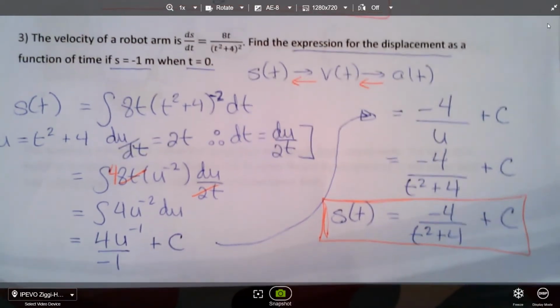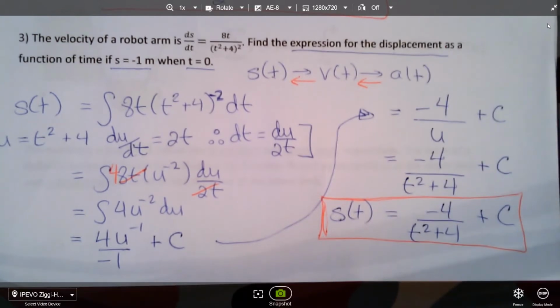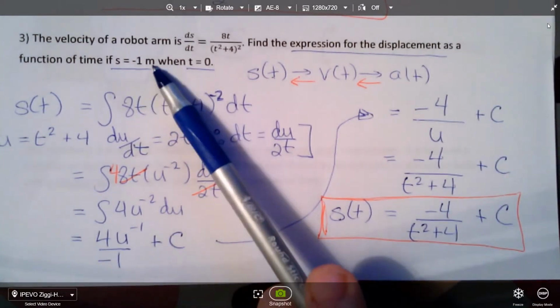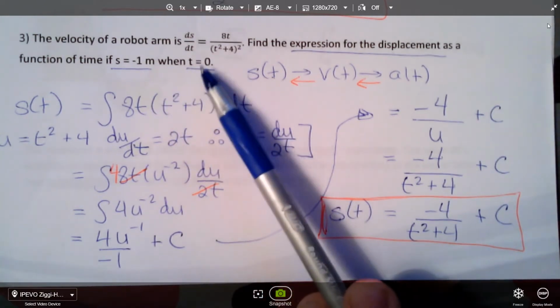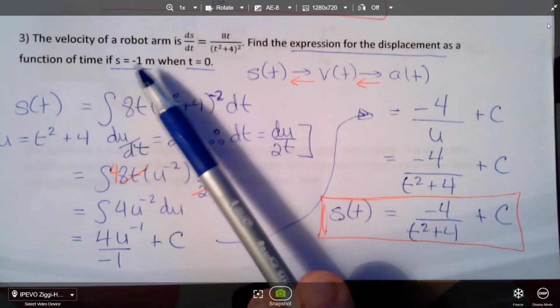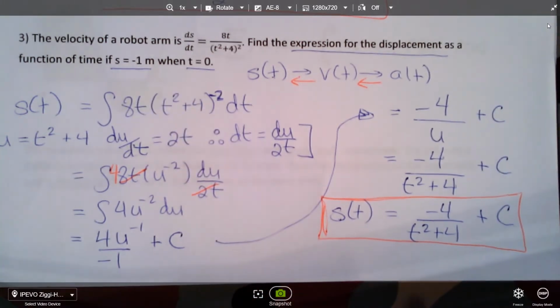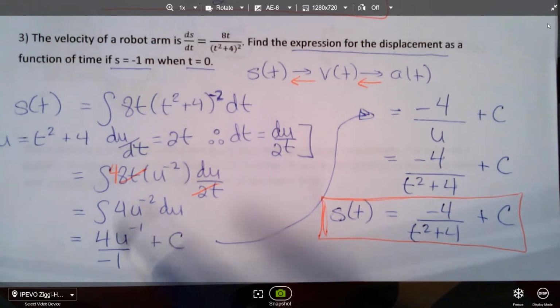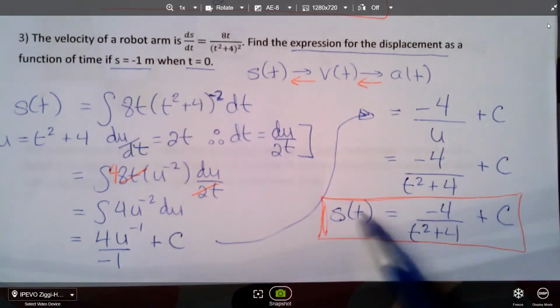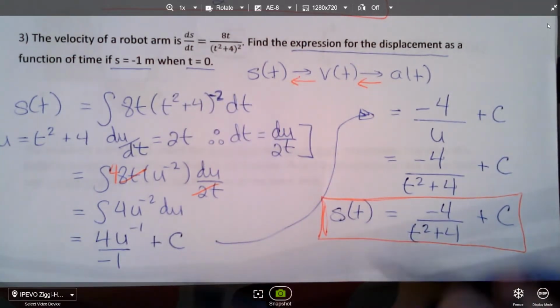Now I can go a step further, and that's what these questions are about: I can actually go that extra step and find what C is by using the information given. So they tell me when t is 0, displacement is -1. So I am now definitely out of room, so I'm going to just turn the page over to do this. So I'm going to sub in those two pieces of information into here to get my C, and that'll give me my final expression for displacement.